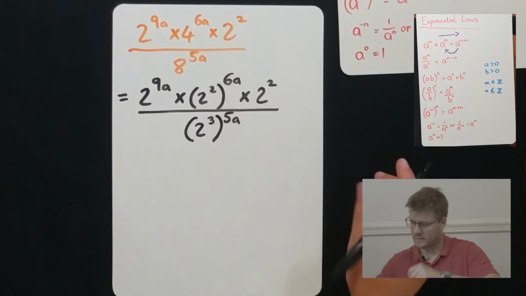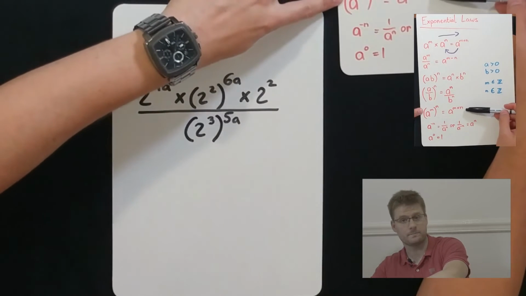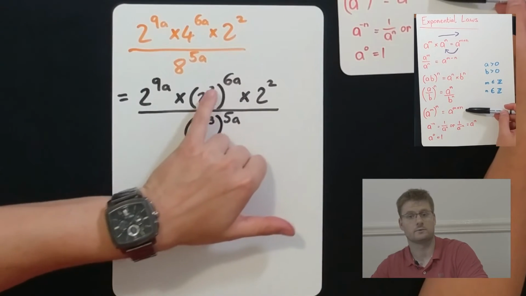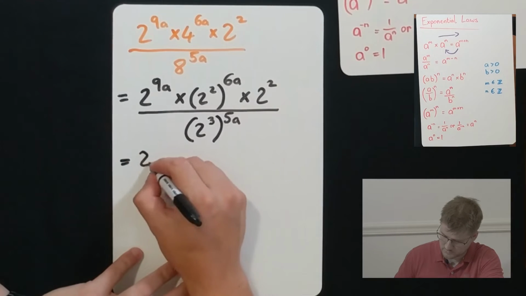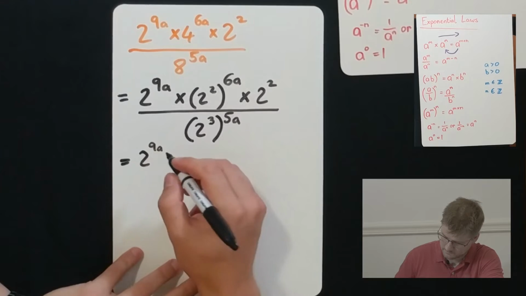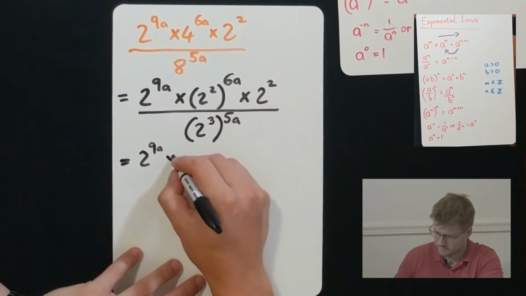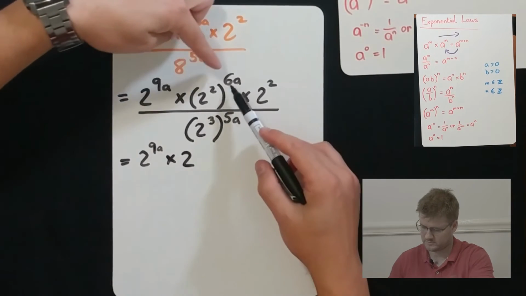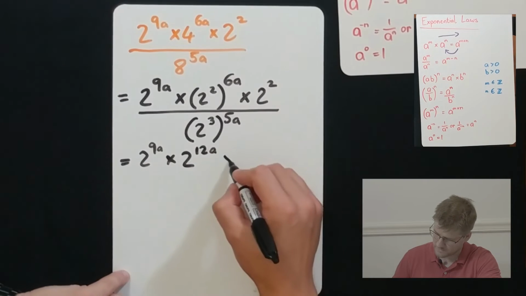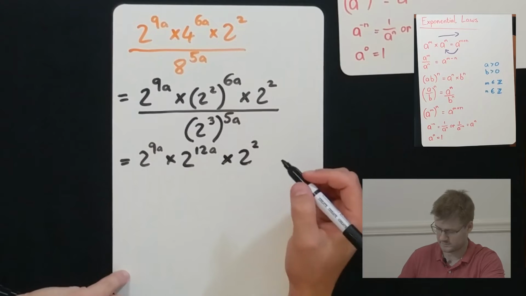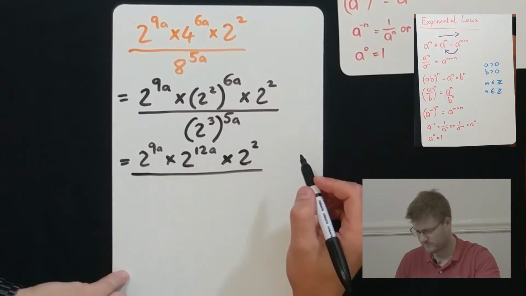All right. Now I'm going to use this law over here to multiply our bracketed exponents there. So this expression will now become 2, 9a times 2. And then here we have 2 times 6 is 12. So that's 12a. And then we have our 2 squared just sitting there at the end, watching everything happen.